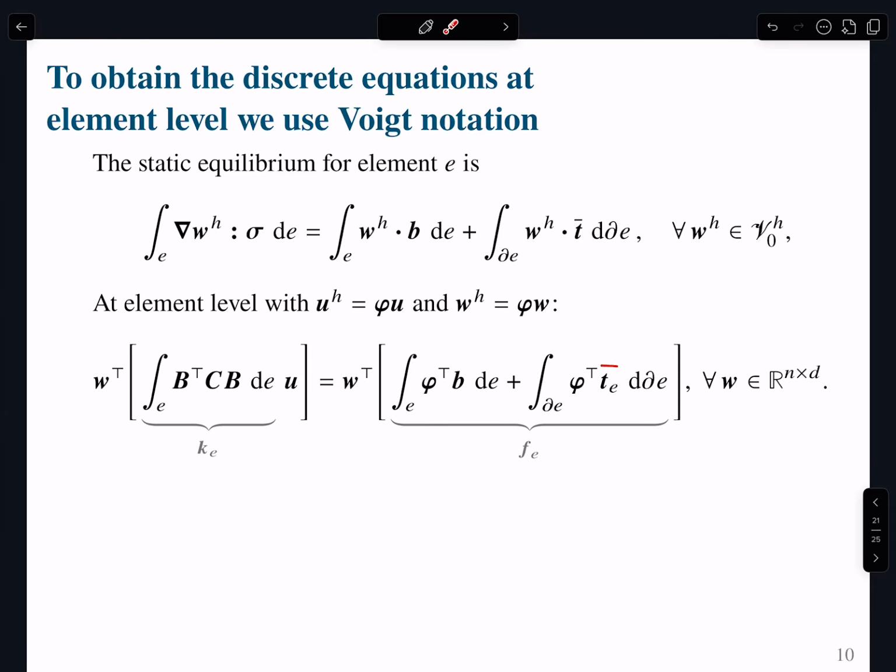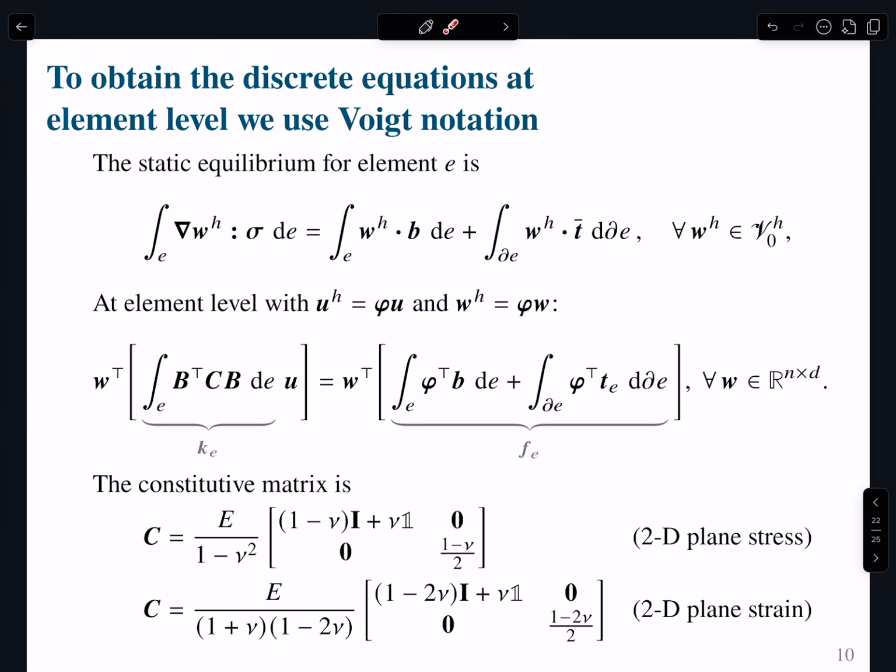The only thing remaining is how this is defined. In 2D plane stress or 2D plane strain, they look like this. Again, E is your Young's modulus, Nu is your Poisson ratio, this is your identity matrix, and this is a unitary matrix, so every element in that matrix is equal to 1. And these are 3x3 tensors.